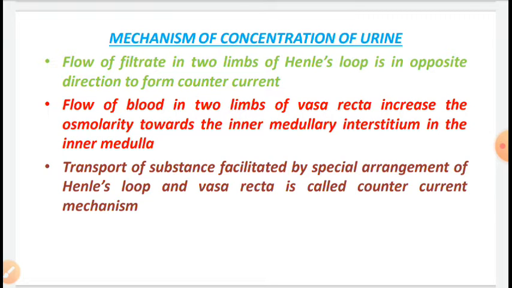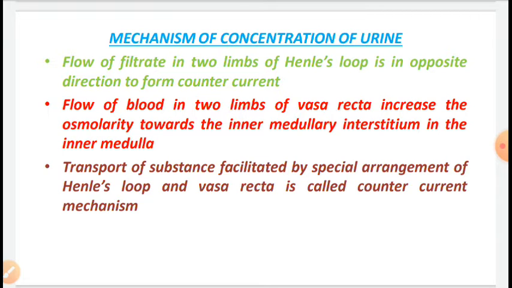It is like from 300 milliosmolar in the cortex to about 1200 in the inner medulla. This gradient is mainly caused by NaCl and urea. This is important here.